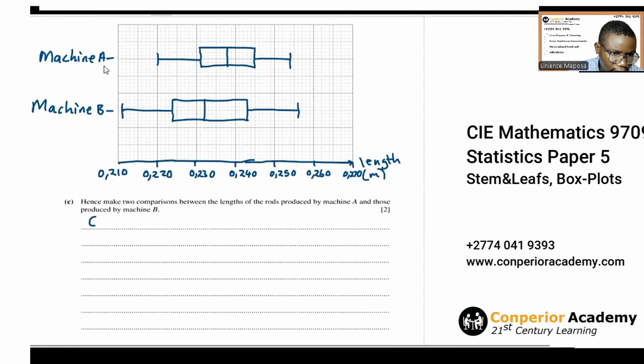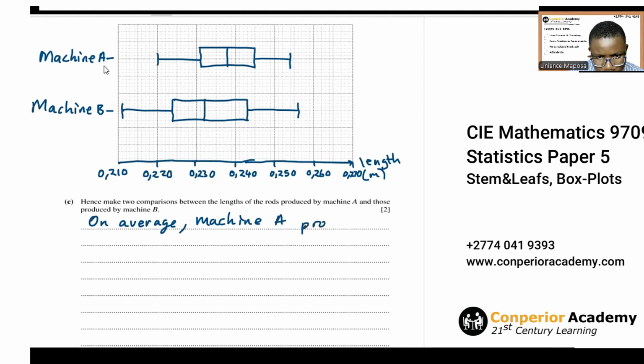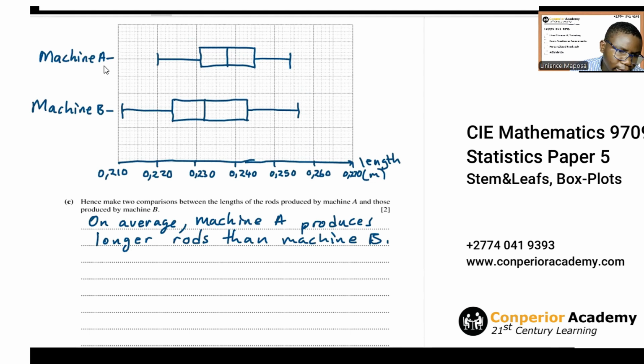So I'll say on average, machine A produces longer rods than machine B. You can say than machine B, but we know you are comparing to machine B. And then you can make another comparison.